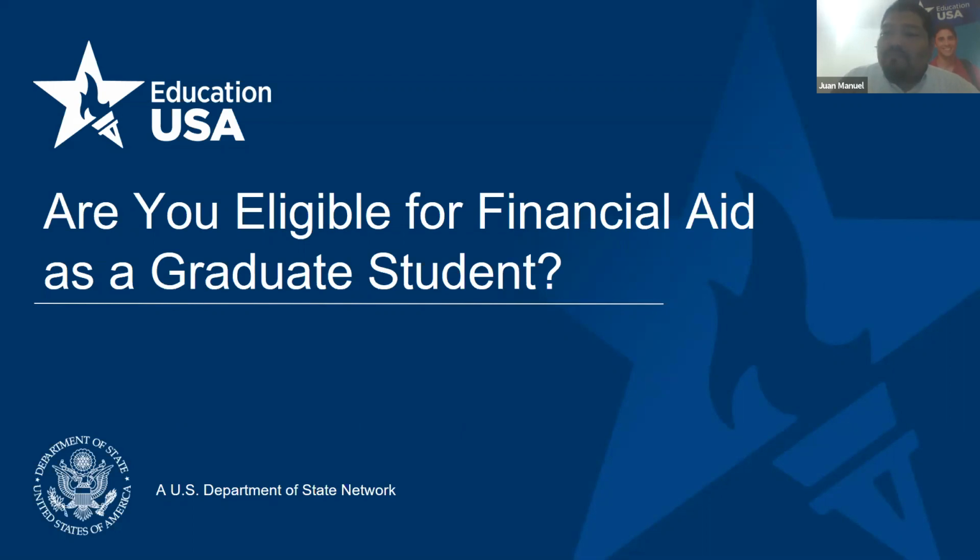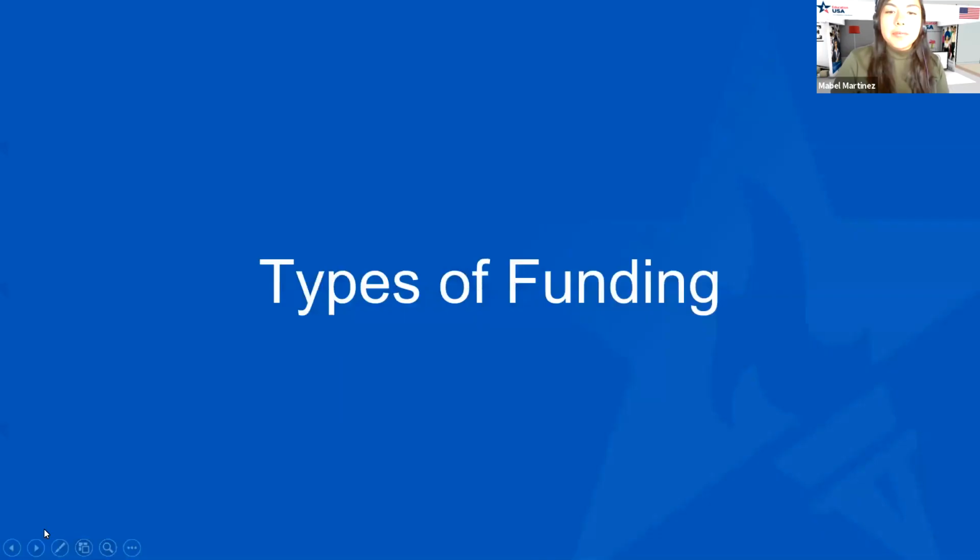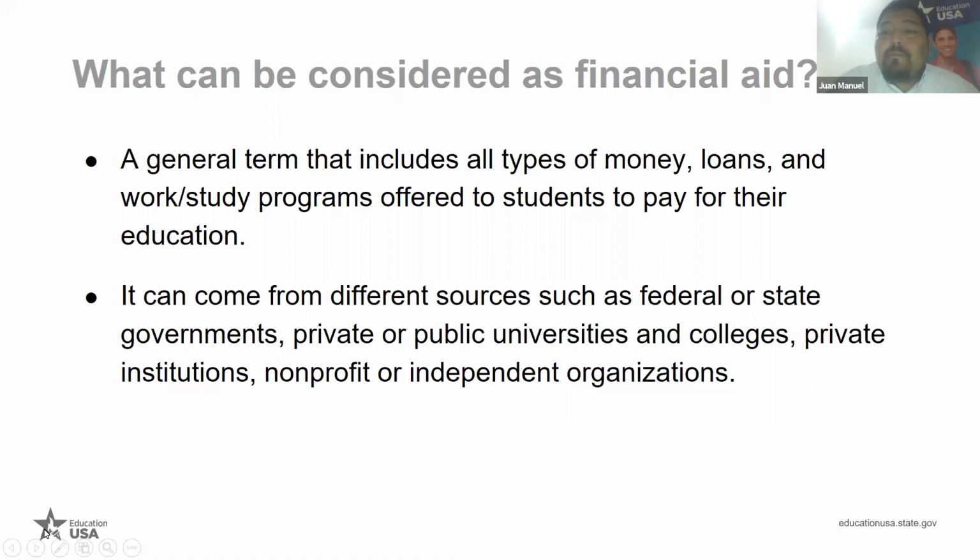So, Mabel, can you tell us what types of financial aid there are for graduate students? Yeah, sure. And welcome again to this session. Hopefully, all the content that we share will help you have a better plan to finance your studies.